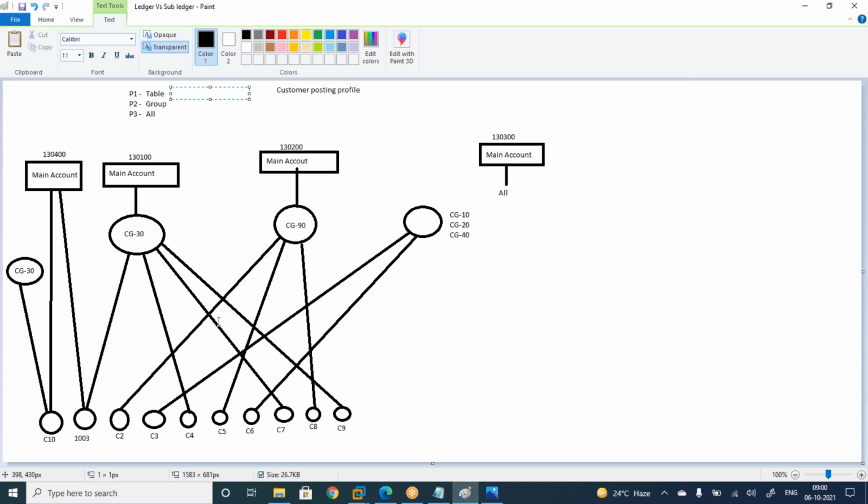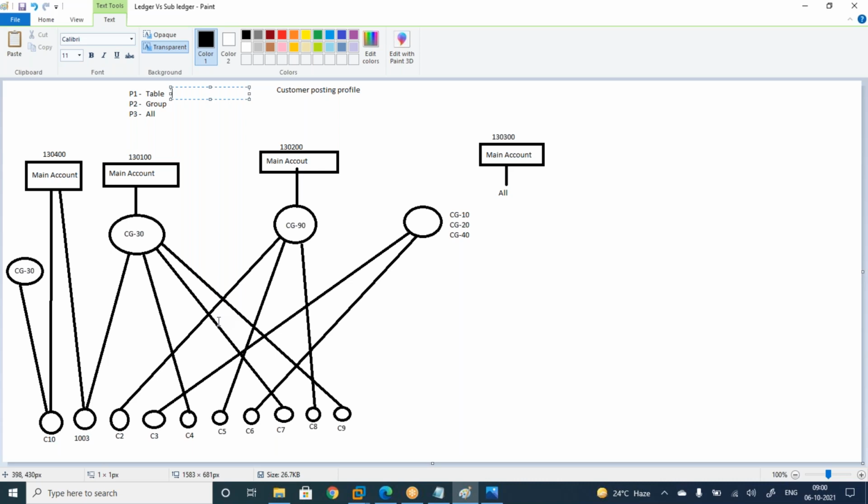If you understand this, yes, please. Mr. Satya, I have a question. Suppose we map table level, group level, and all. Suppose it is found in the table, then it will be posted to the table. If it is found in the group, then it will go to group, and then all.